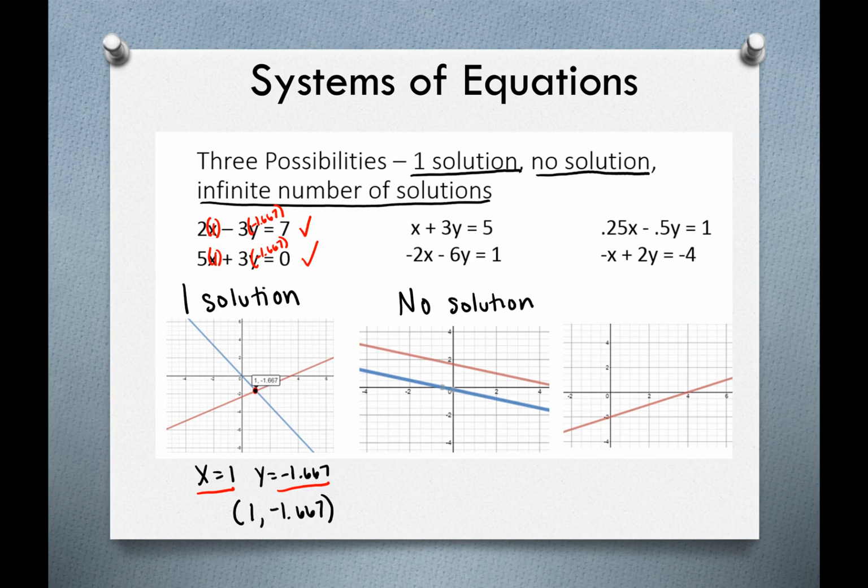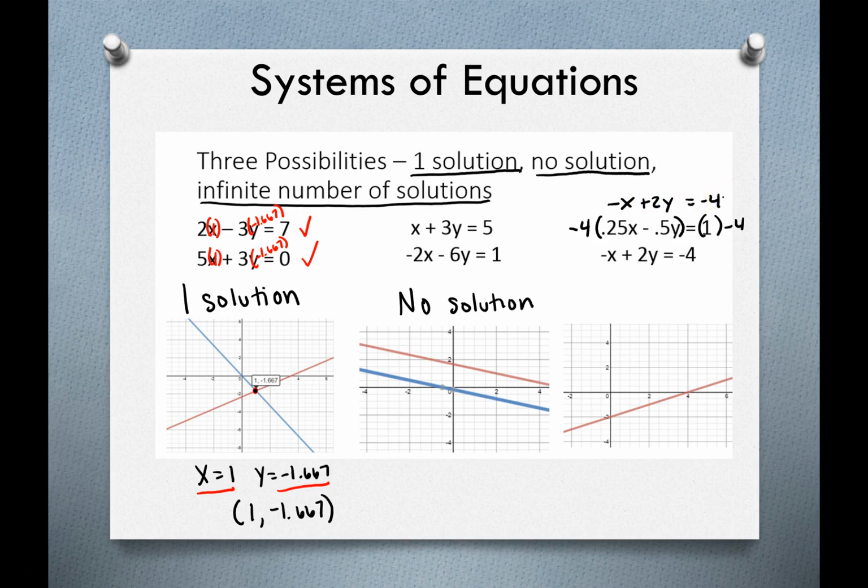Now the third example is when your two lines are exactly the same. So if I were to multiply this entire equation by negative 4 on both sides, you'll see that you get a negative x plus 2y equals negative 4.